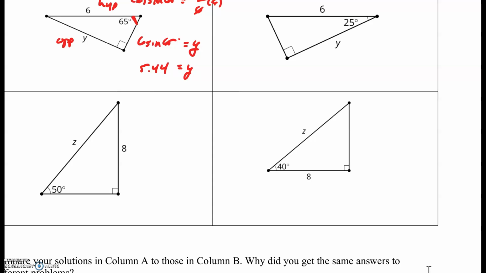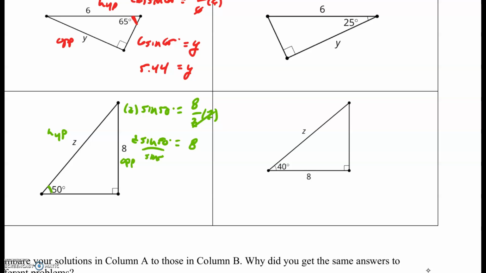Last question in column A. I have this 50-degree angle, and I know that the 8 is opposite and the z is the hypotenuse. Again, this is a sine, because sine of an angle is equal to the length of the side opposite divided by the hypotenuse. Multiply both sides by that denominator. 8 is equal to z times the sine of 50 degrees.